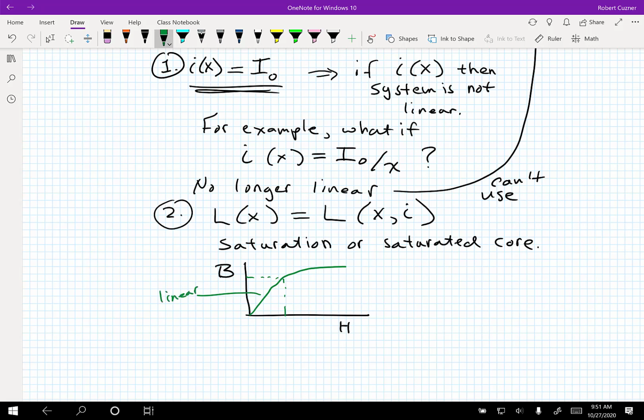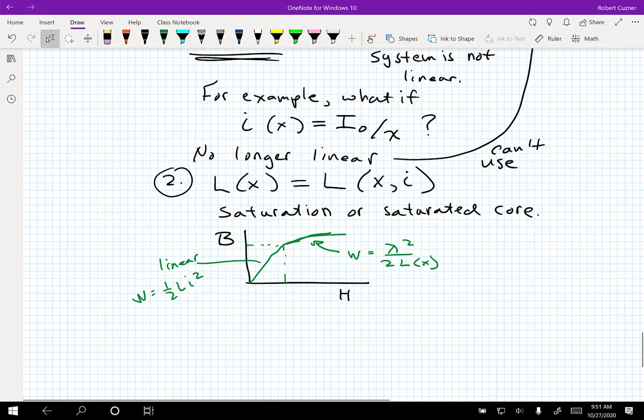Everything in this region, we could use 1/2 Li squared. But once we get into this region here, we would have to use the general expression to find our energy.